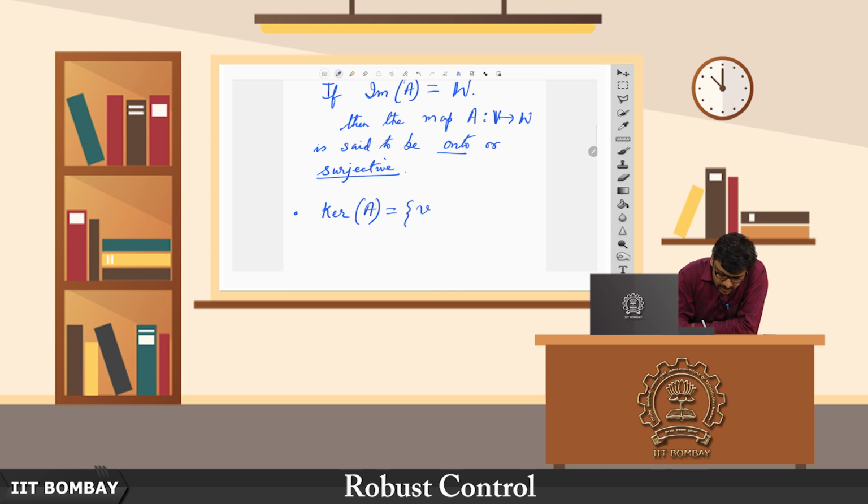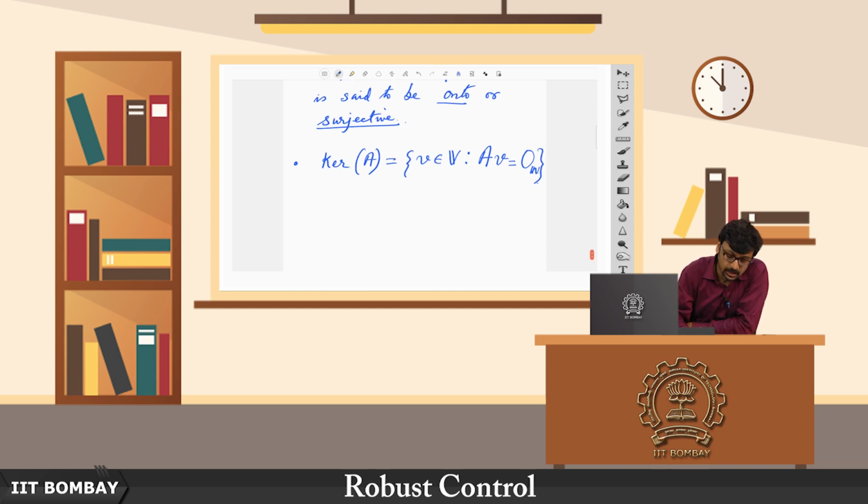You pick out some V from the domain V such that when this linear map acts on this object V in the vector space V, it maps to the 0 element in the vector space W. So, the collection of all these elements in the domain V such that they get mapped to the 0 element in W, that is what the kernel is all about.